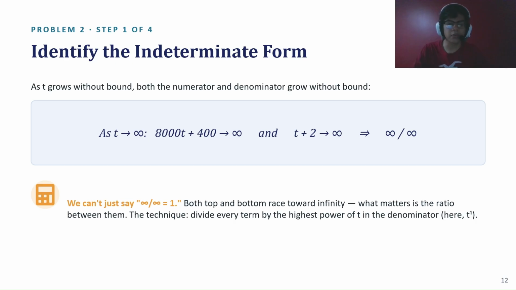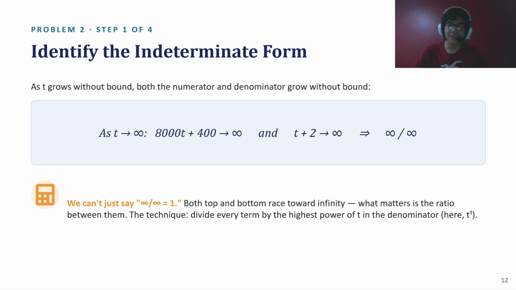As t approaches infinity, 8000t plus 400 approaches infinity, and t plus 2 approaches infinity, giving infinity divided by infinity. We can just say infinity divided by infinity is equal to 1. Both top and bottom reach toward infinity. What matters is the ratio between them.